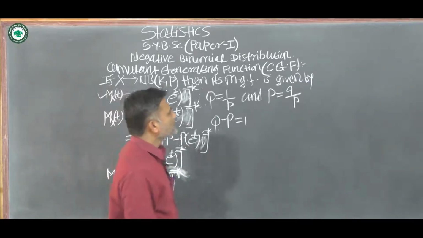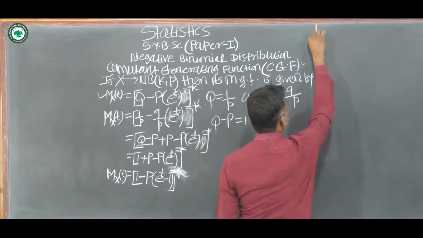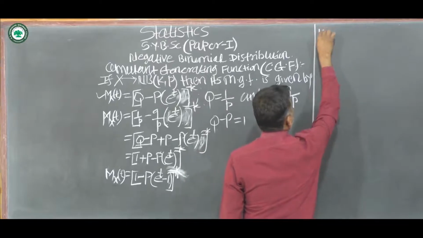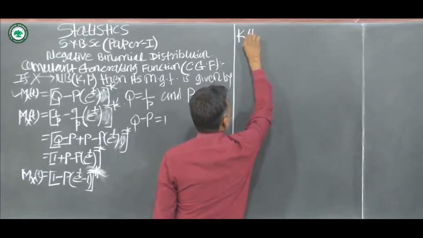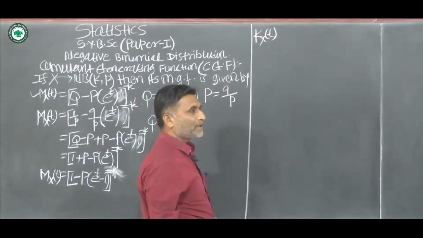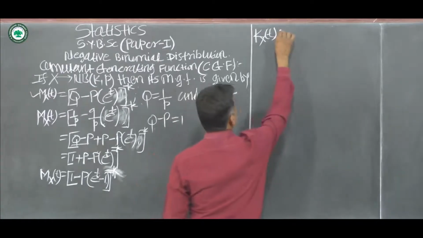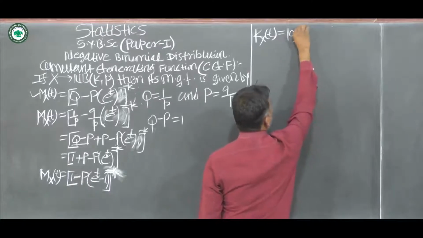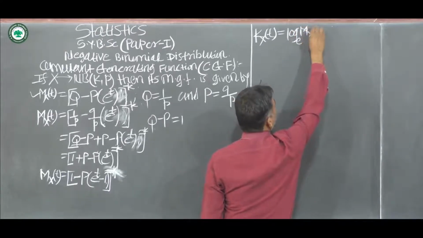Now we obtain the cumulant generating function of the negative binomial distribution. K_X(t) is the notation for the cumulant generating function, which is equal to log to base e of the moment generating function.